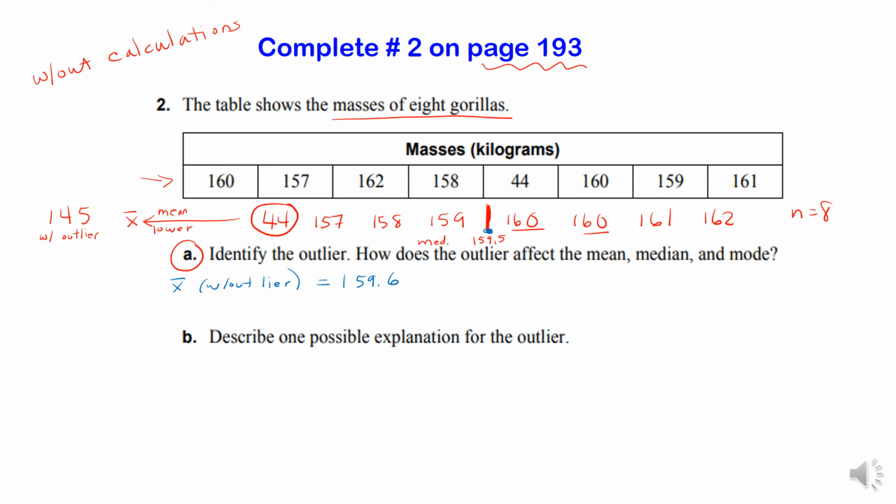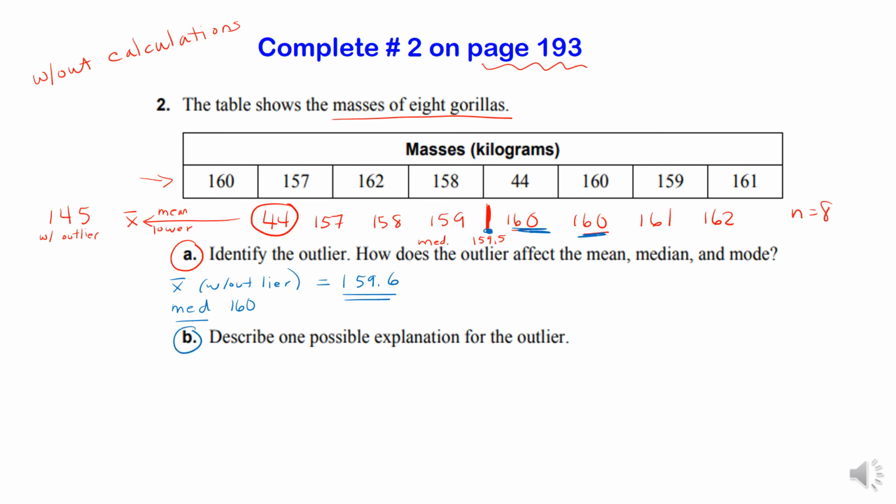Our median is going to change because now we only have 7 values, and our median is going to change to 160. So notice that with the median, if there's one outlier, it's going to change by one number. Now, it depends on what the numbers are, how significant that is, but it's usually not very much, whereas the outlier really affects the mean. Okay, and then the mode isn't affected at all. It's still 160. So that's how it affects them.